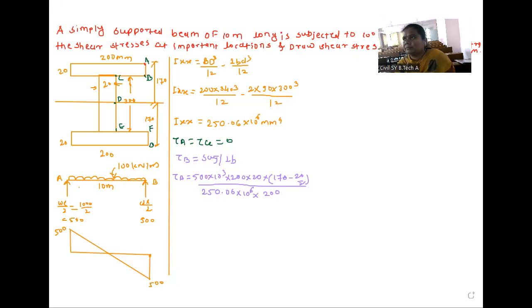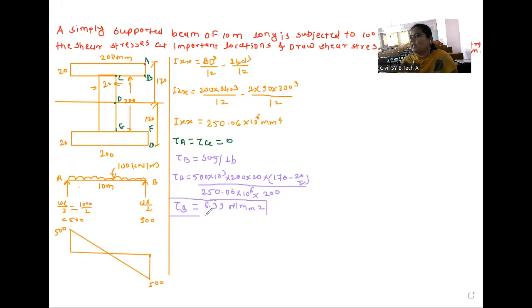So calculate and tell me the value of shear stress at B point, tau B, which is equal to 6.39 Newton per mm square. So this is the shear stress at B point.